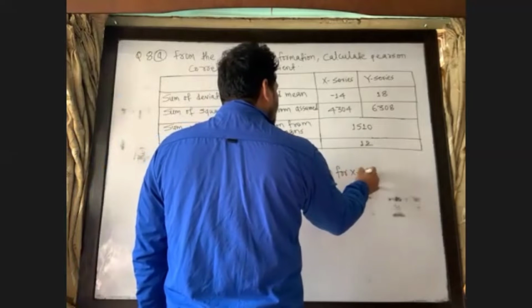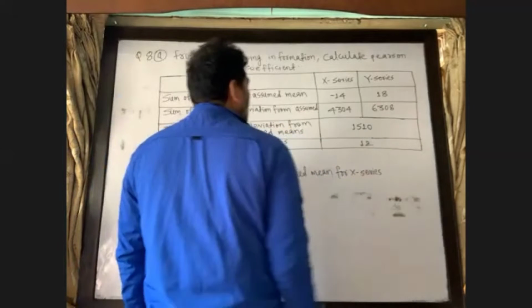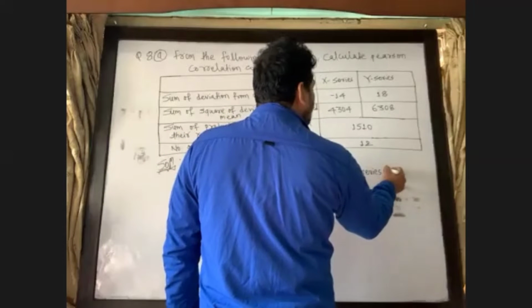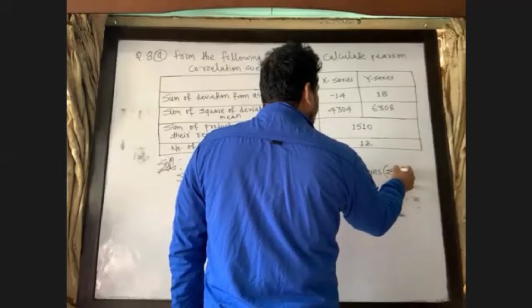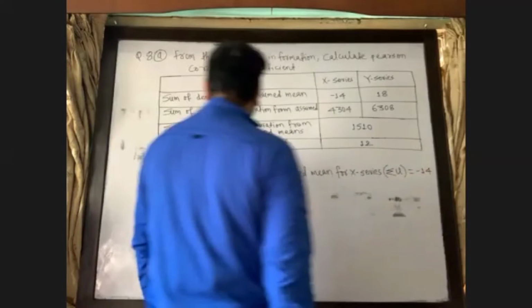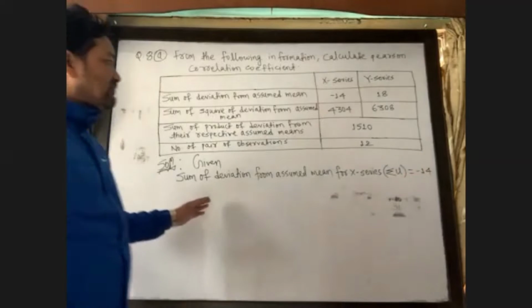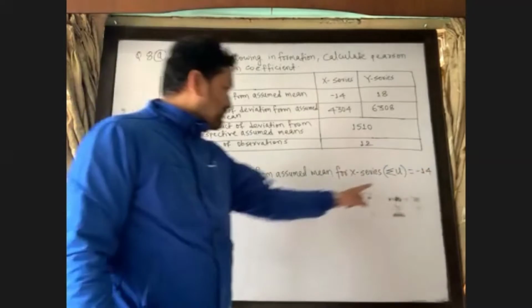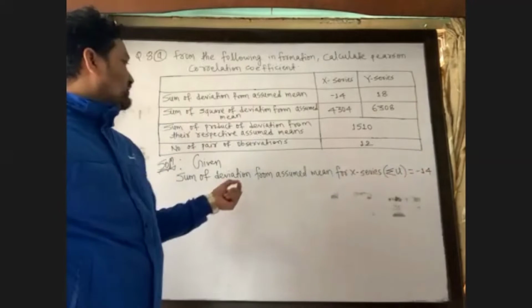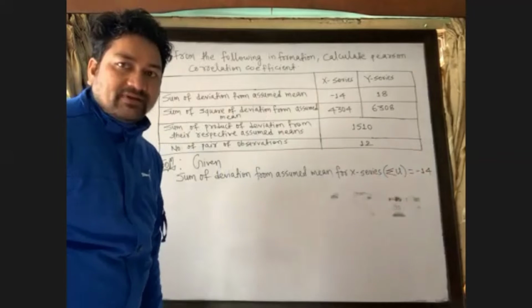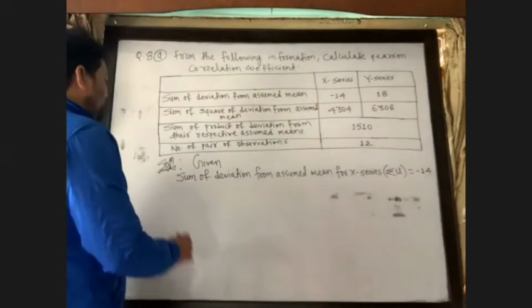What is its notation? Its notation is summation u is equals to -14. Since it says sum, we have to put summation. Deviation from assumed mean is u, so summation u.